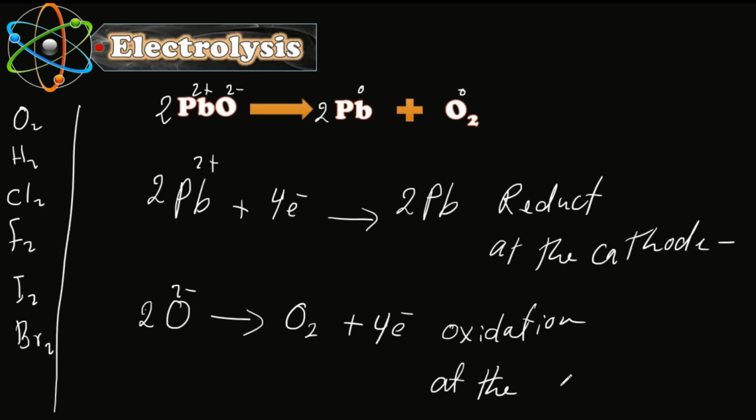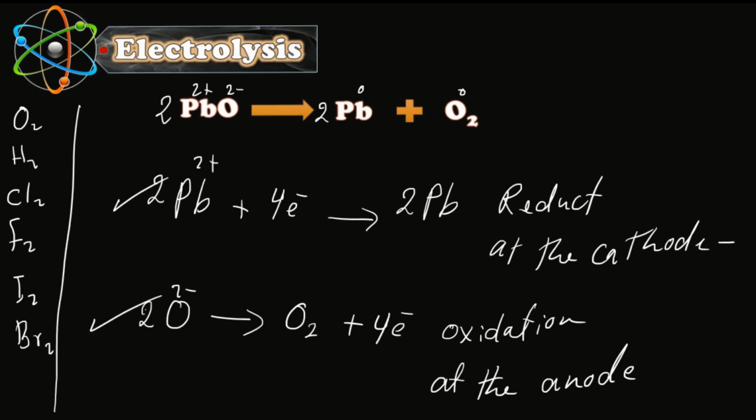At the anode. In the exam, you'll have a question, with an equation or without, that says write the reaction which happens at the cathode. So you write this equation, or write the reaction which happens at the anode. This is the reaction that happens at the anode, and this is how to write it.